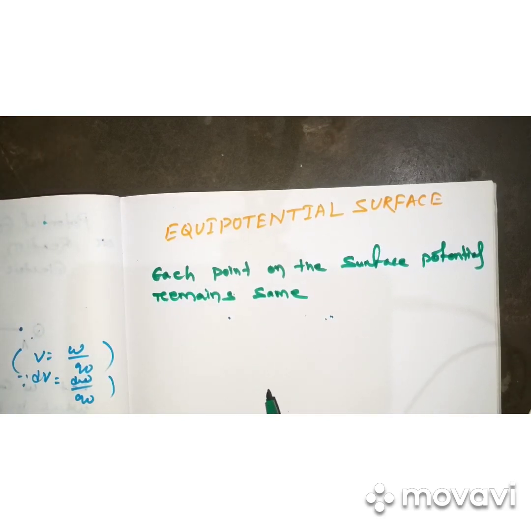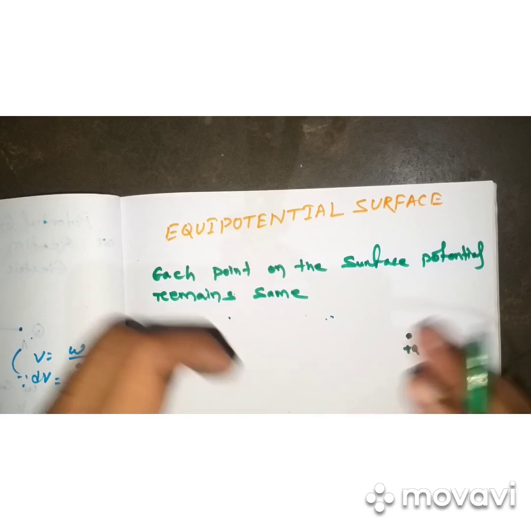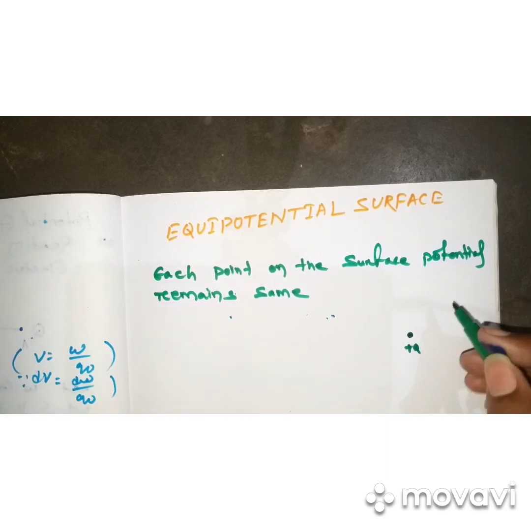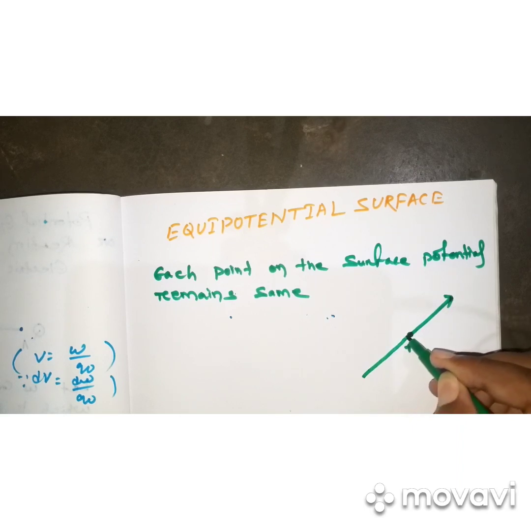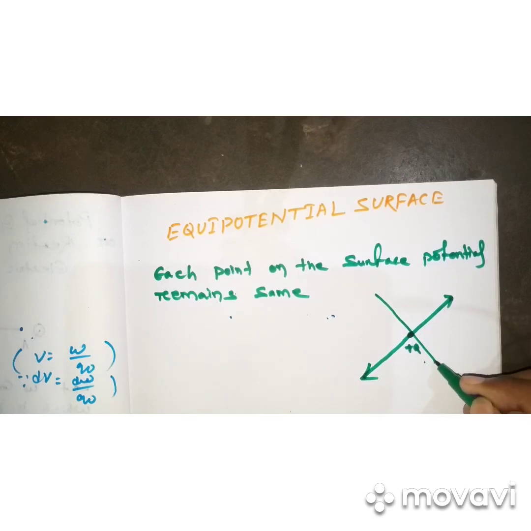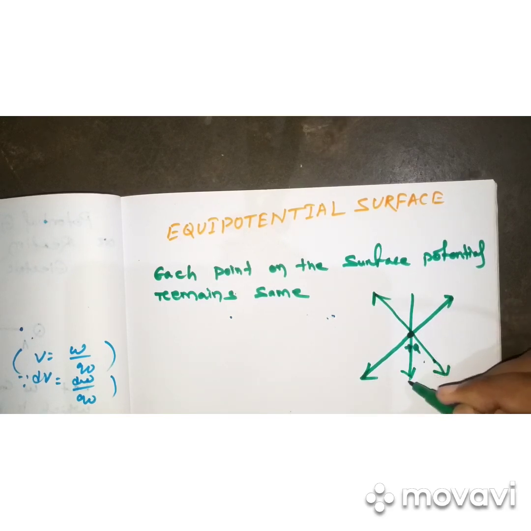If you assume a point charge, so this is the point charge, that is plus q naught. That point charge radiates electric field intensity in that direction, in that direction, like that direction.